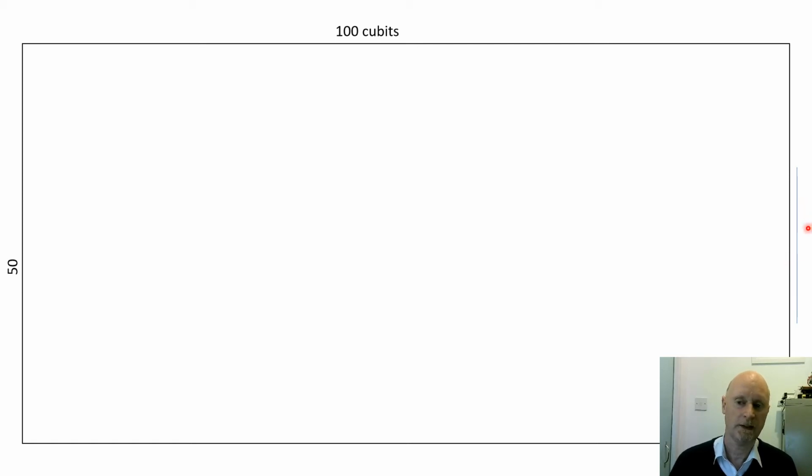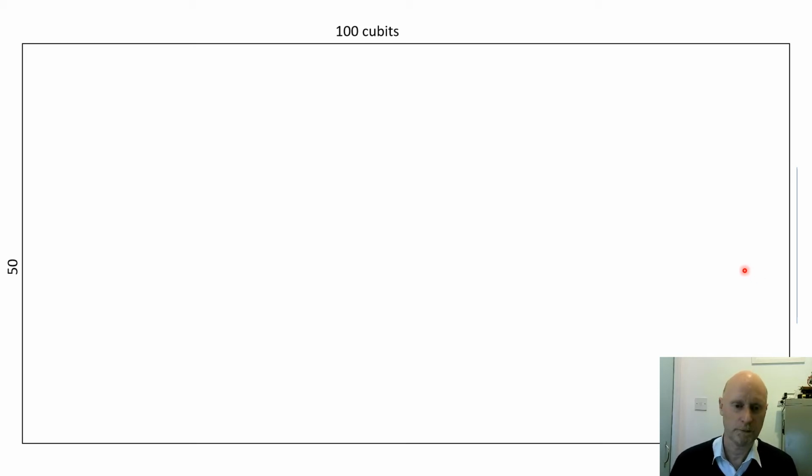But anyway, the actual dimensions are 100 cubits by 50 cubits to make up the tabernacle courtyard. So right away you could argue, well, that's definitely not a square, that's a rectangle.